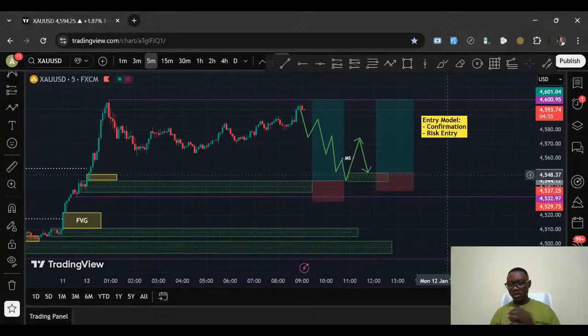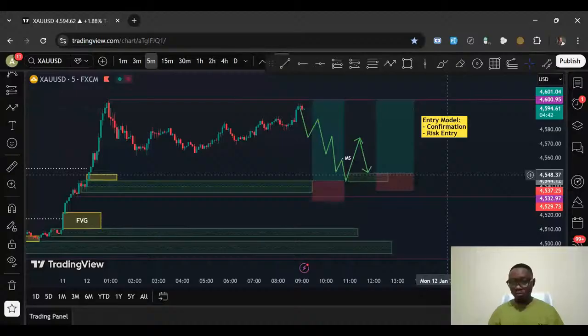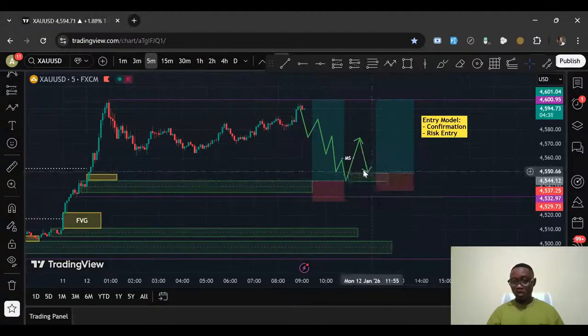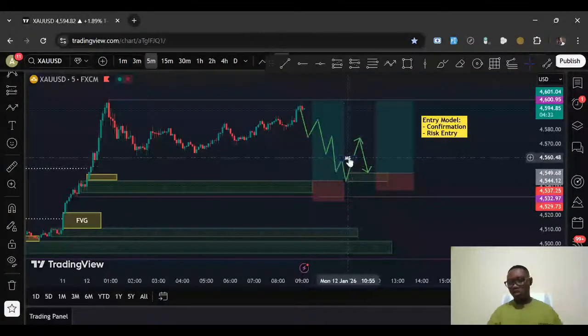Probably I will create a video on order blocks to properly explain how I use confirmation entry, because there is some other price action that must be present in order for you to take the trade when price retests the order block that leads to the market shift.